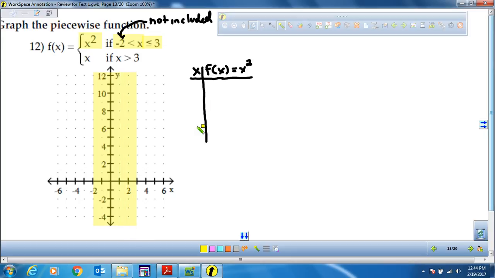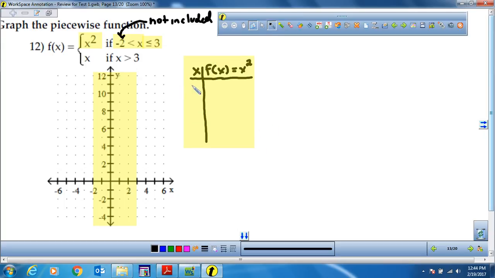So it's only that little section inside. Okay, so I'm going to just use the values, of course -2, but remember that -2 is not included. Okay, -1, 0, 1, 2, and all the way to +3, and +3 is included, right? So that's what we know on that one.